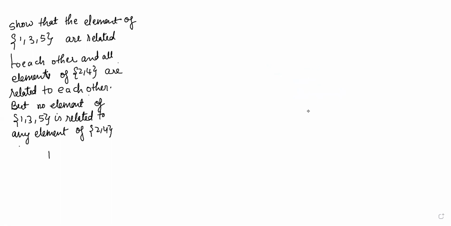So what we have done for transitivity, we will do everything the same. If AB belongs to R and BC belongs to R, that means what, beta?